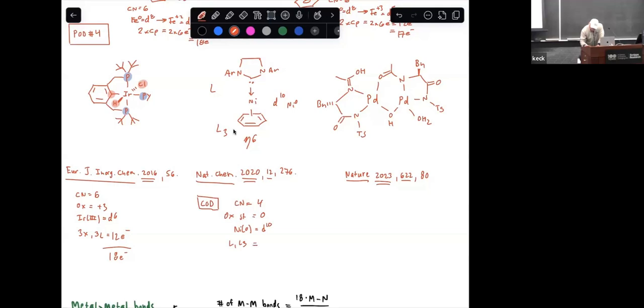And so that's going to be 10 electrons. Sorry, oops, 8 electrons. Okay, so what was your total electron count that you got, Sam? 18. Anybody get anything different from that?